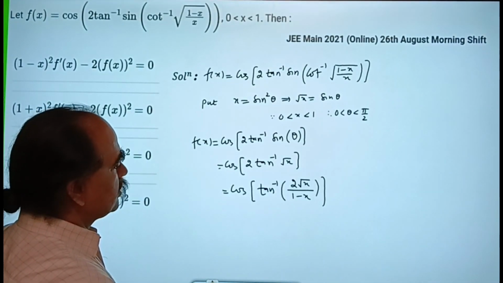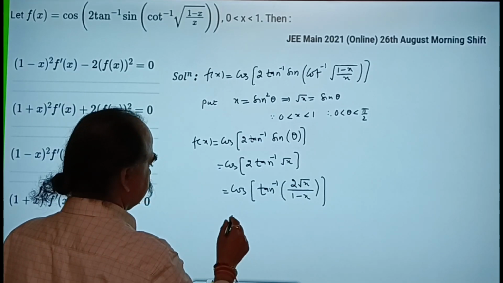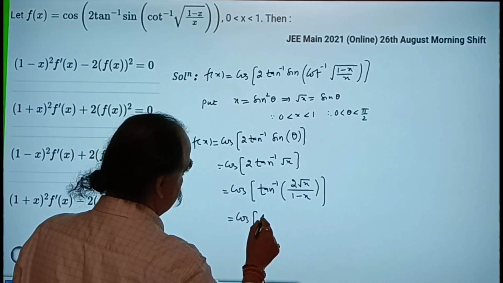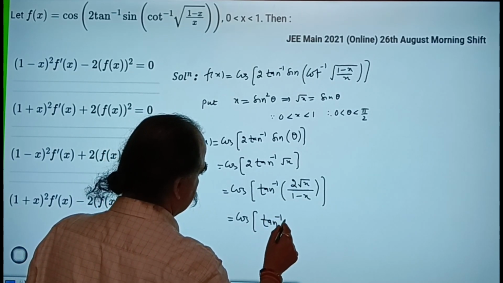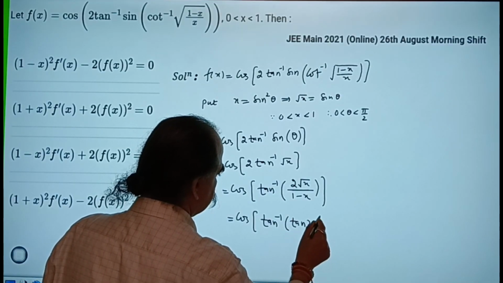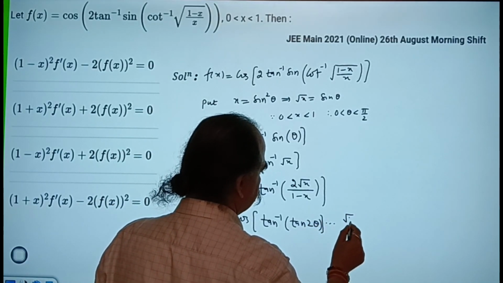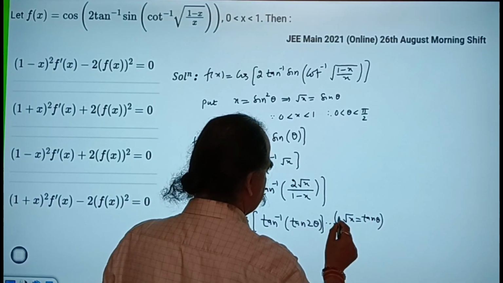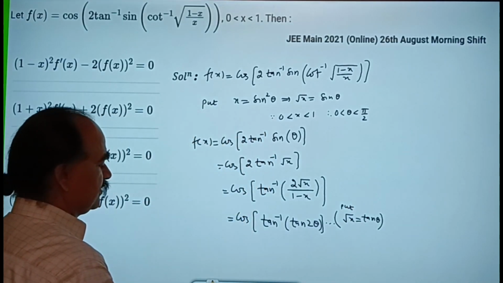And 2 tan theta upon 1 minus tan square theta is what? Tan 2 theta. Tan inverse tan 2 theta. Root x is what? Tan theta. Put root x is tan theta.